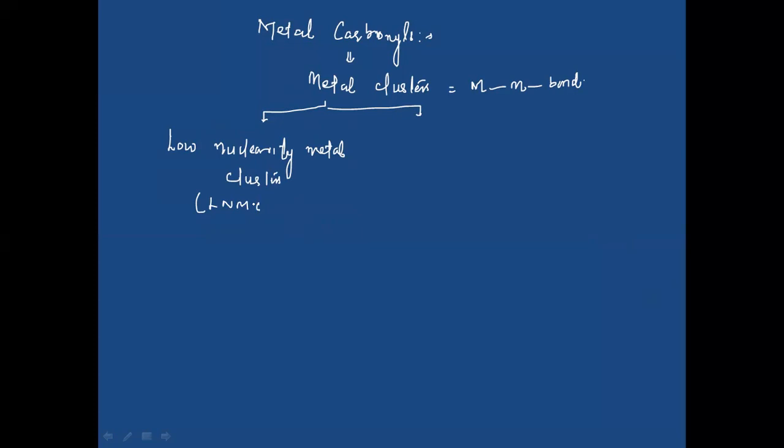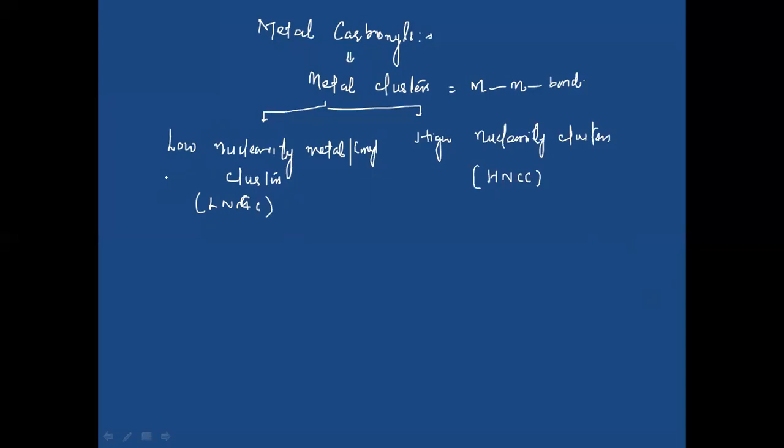These will be simply represented by LNCC, low nuclearity metal clusters or carbonyl clusters. And the second one is high nuclearity metal clusters, and these are represented by HNCC. So this is the simple representation: LNCC and HNCC.